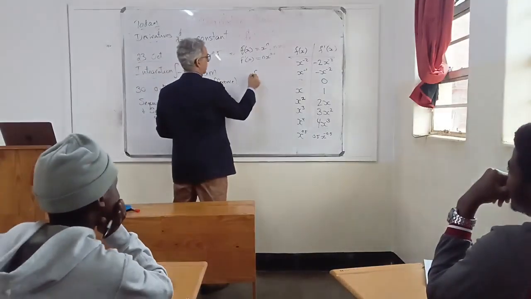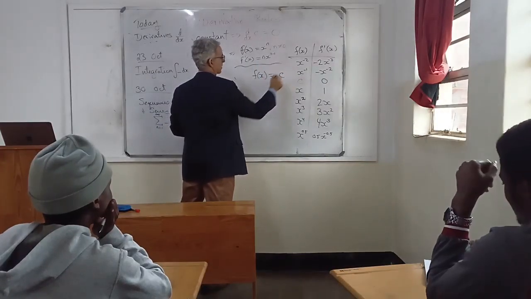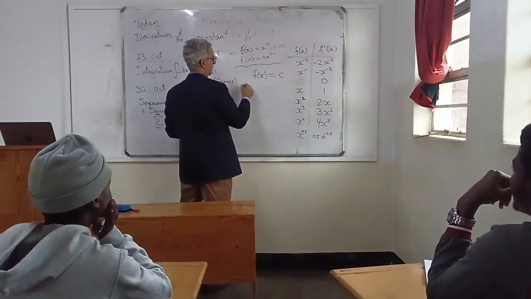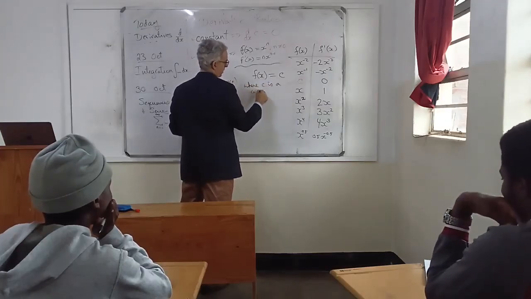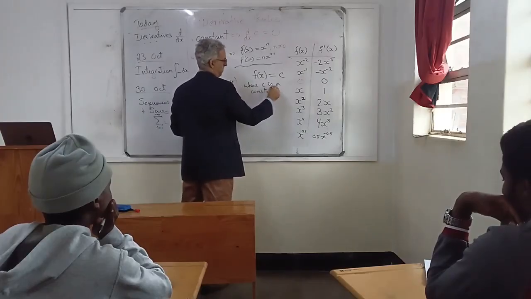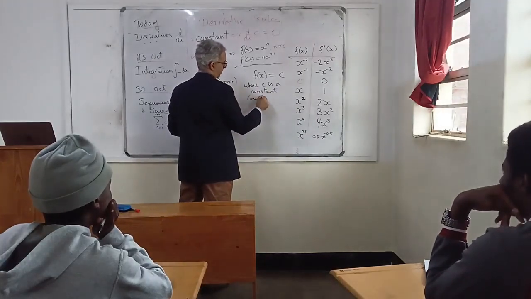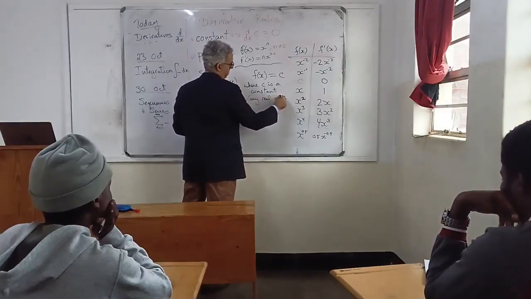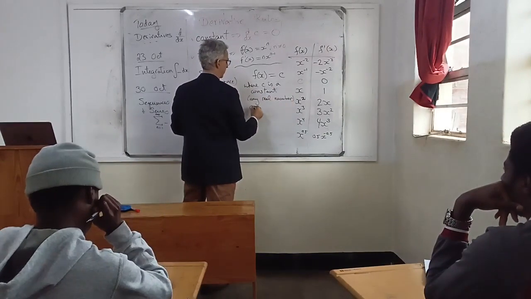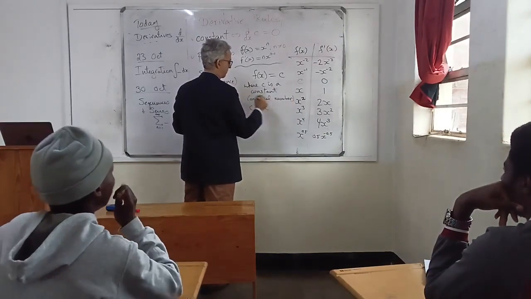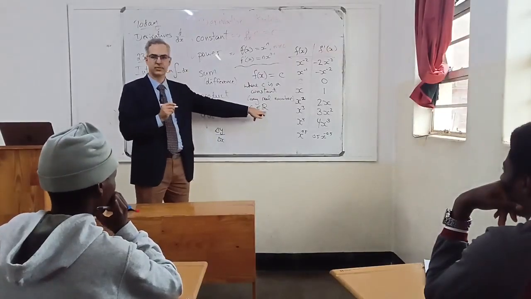So if f of x is some constant c, where c is a constant, okay? A constant, sort of any real number. Another way to say that is c is an element of the real numbers, R, the set of all real numbers.